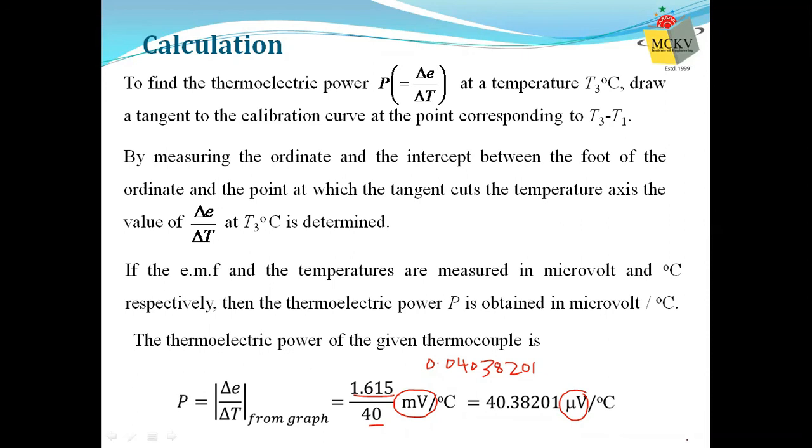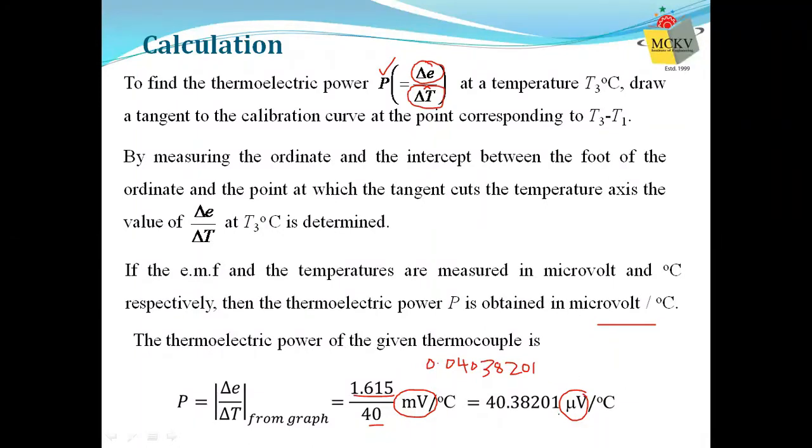So for a different thermocouple, if for the same temperature difference between the junctions the EMF generated is more, it implies the power is also more. The thermocouple is generating more EMF for the same temperature difference. So that is thermoelectric power, and that is what we want to find out.